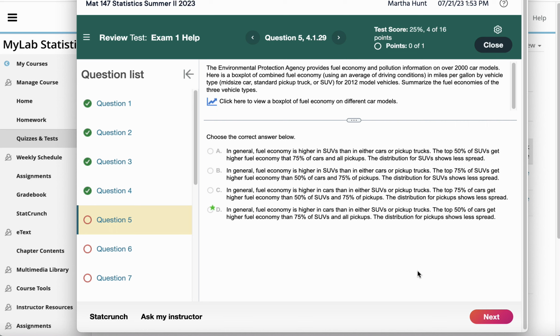And after that, the correct answer is given to me. So I can make note of what the correct answer is and have an understanding of why that is the correct answer. But like I say, problems like this are going to be on exam 1.